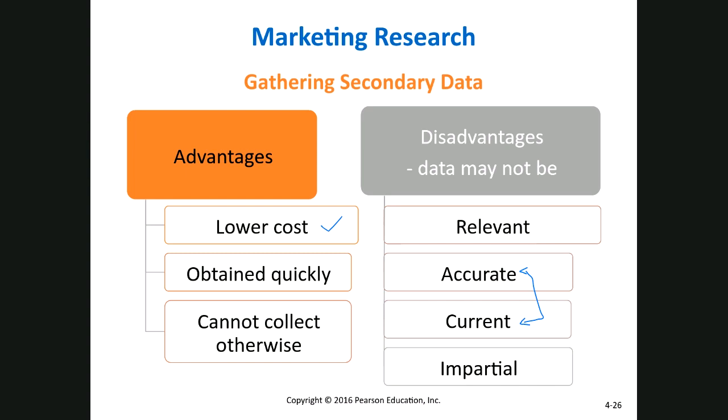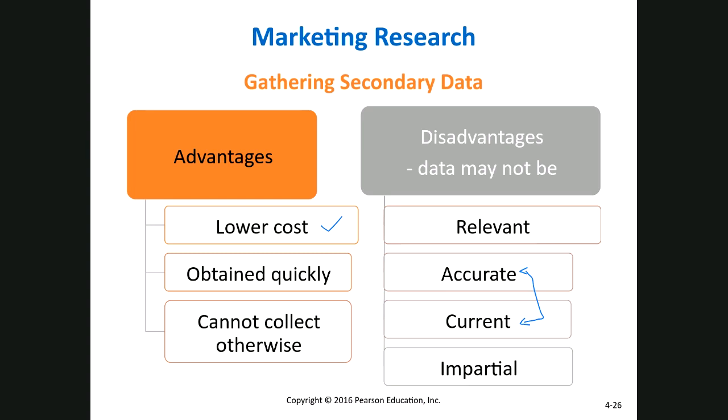And what's the impartiality of it? If you find secondary data about unleaded gasoline, and the survey was conducted by British Petroleum, let's say it might not be impartial. Some people collect information called advocacy research.